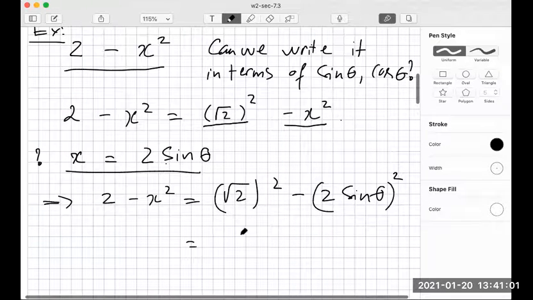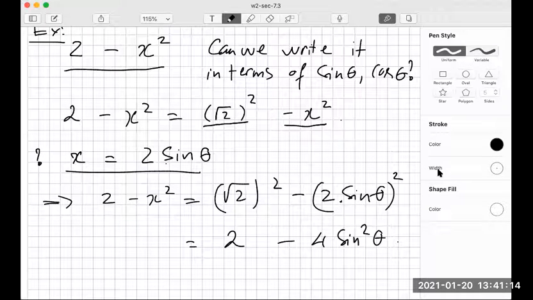Or this is simply 2 minus 4 sine squared theta. But here we got stuck, right? Because 2 and 4, we cannot factor it out.